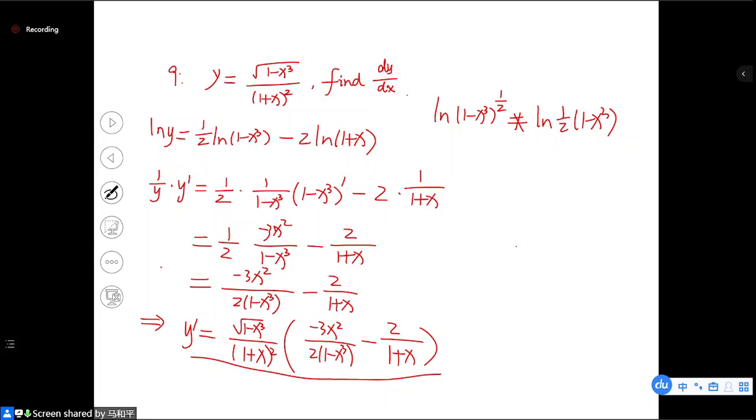Now, from this we know y prime over y is equal to this one. So just multiplying by y, where y is 1. Here, this is 1.